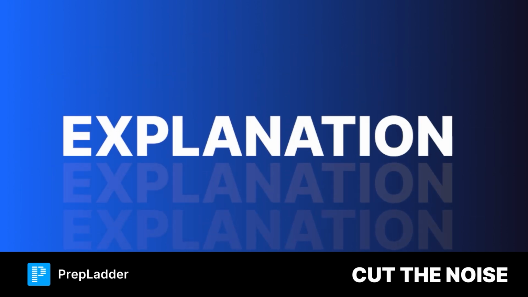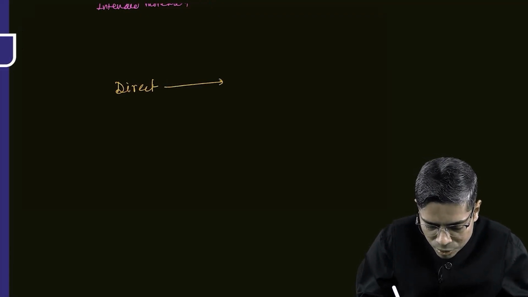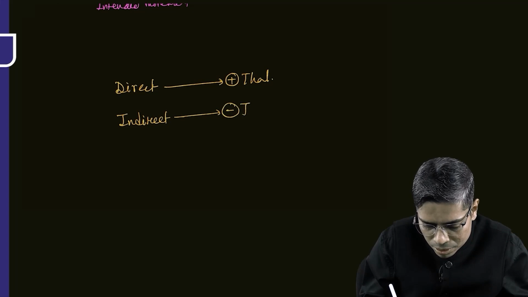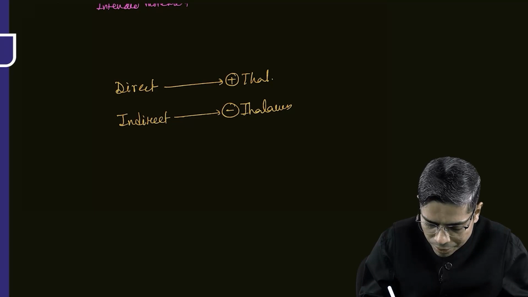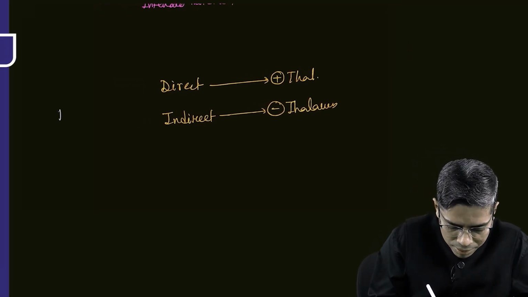Here's the explanation. Direct pathway is stimulatory to thalamus, right? And indirect pathway is inhibitory to thalamus, right? Now, what is the dopamine from this substantia nigra doing?